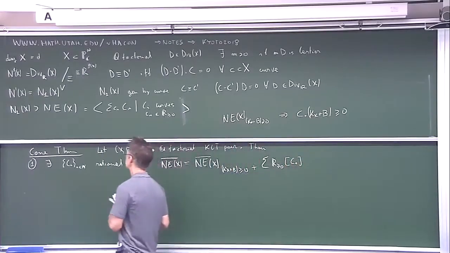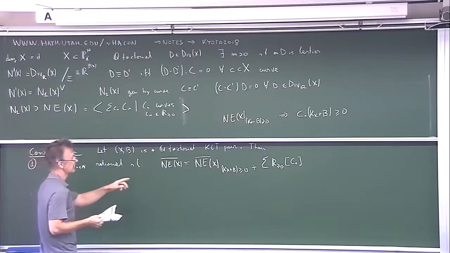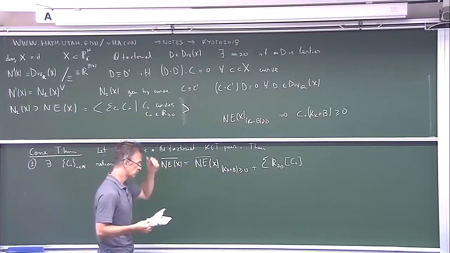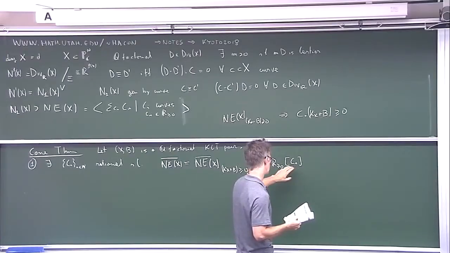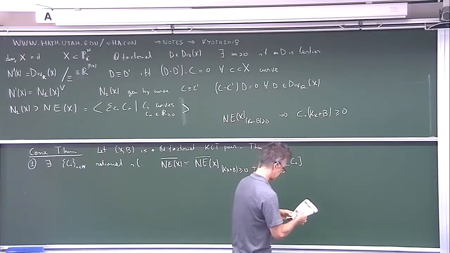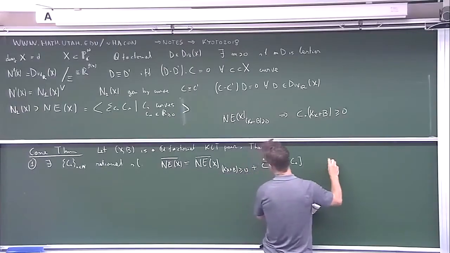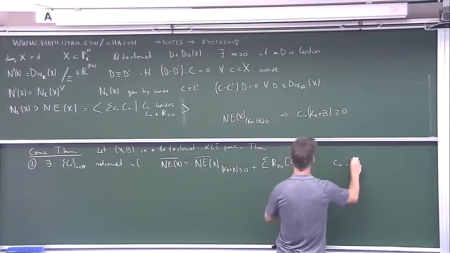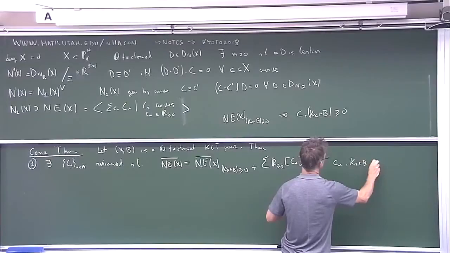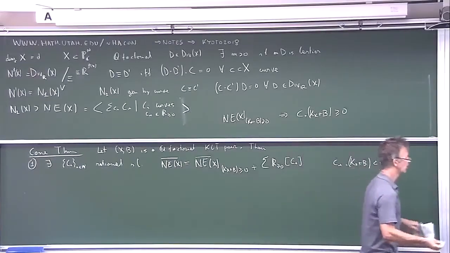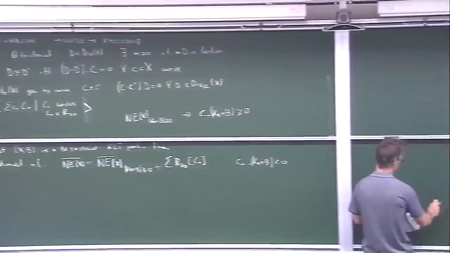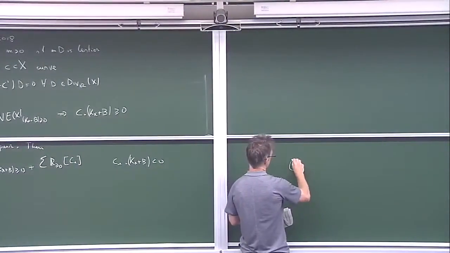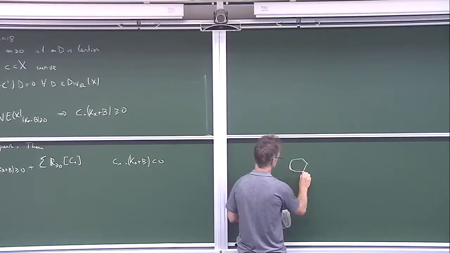So the cone is spanned by the non-negative part plus this countable collection of curves C_i. Of course these curves C_i satisfy C_i dot (K_X + B) less than 0. Usually the picture that you see is a picture of a three-dimensional cone. It's not so easy to draw a good picture.